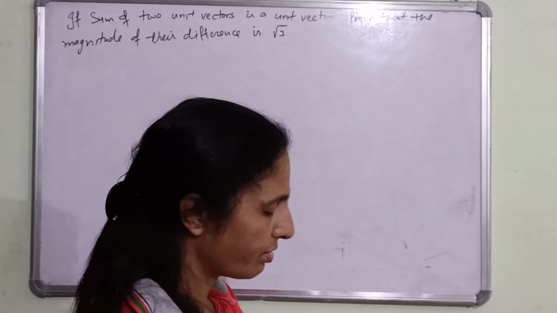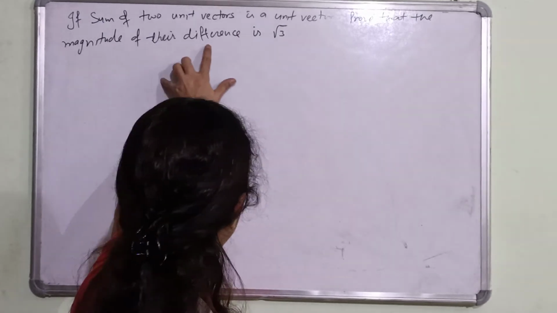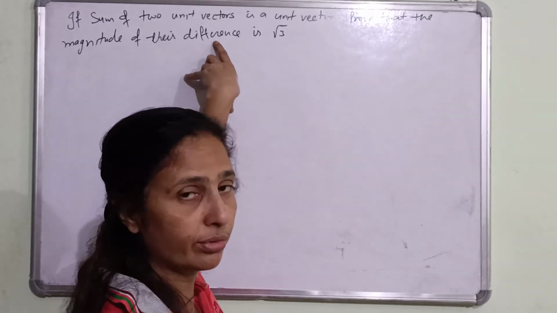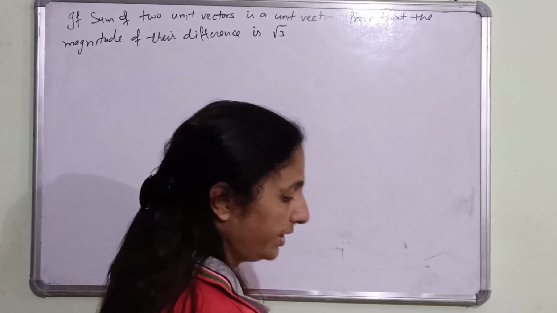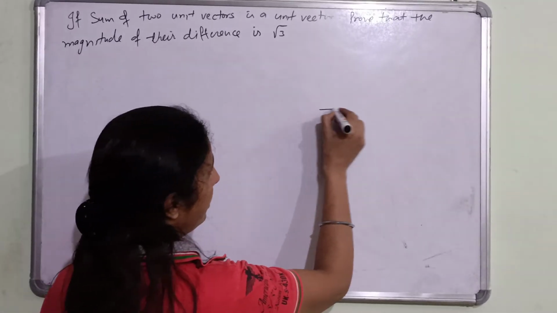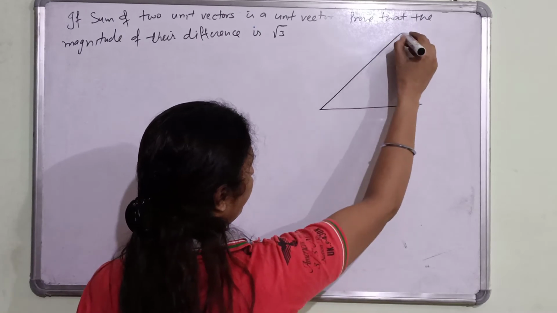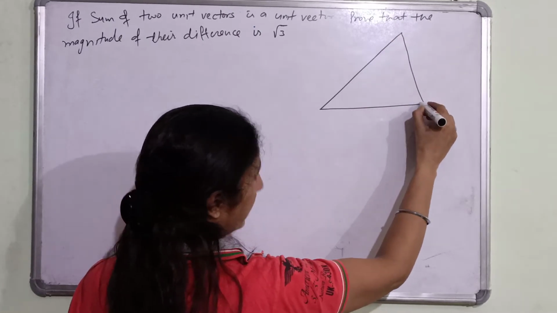First we will draw a diagram, because here we are talking about the difference, so we have to take the addition as well as the difference. So first we will draw a diagram, same as here.